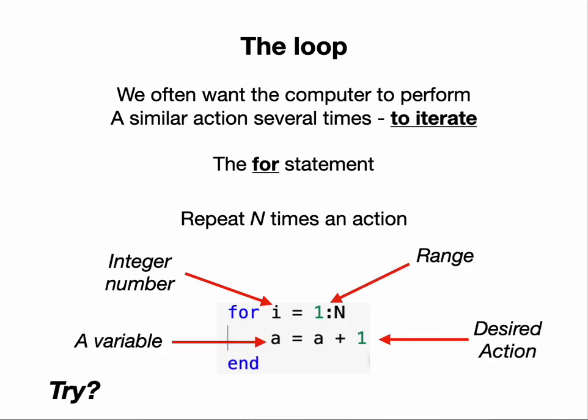So, to make the link with the preceding lecture, you will see that i here is an integer number that varies according to a range from 1 to n with a step of 1. Inside here we have a, and a is a variable. And on this side, that's the desired action. So here we are incrementing a by 1 every time we go around the loop.